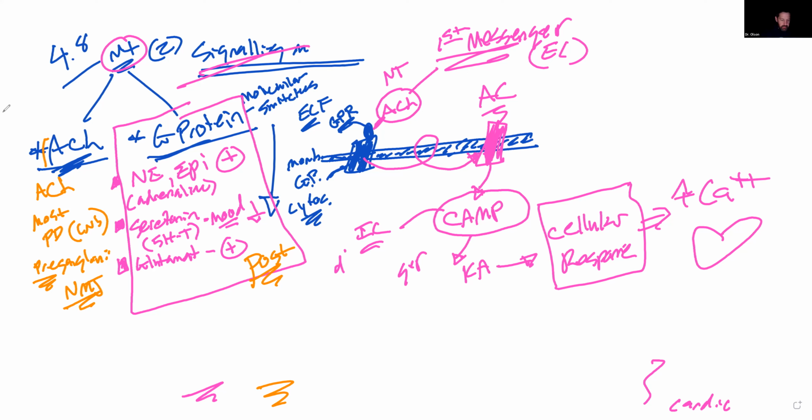Now, the final statement I want to make here is that acetylcholine uses chemically gated, or ligand gated, ion channels. An example of these is what we call nicotinic.